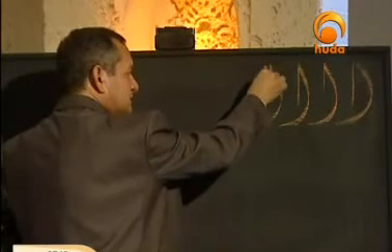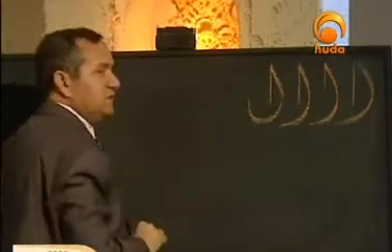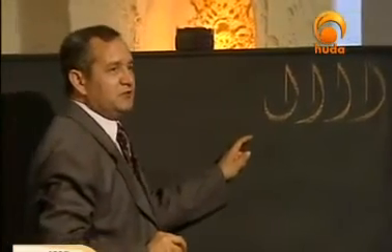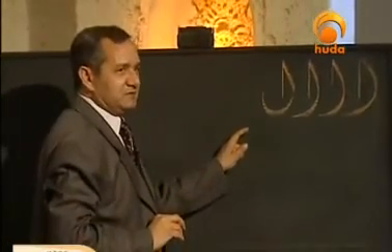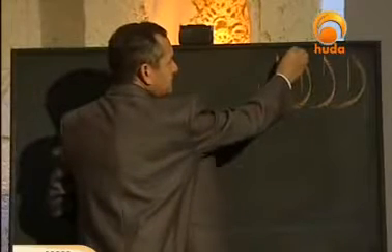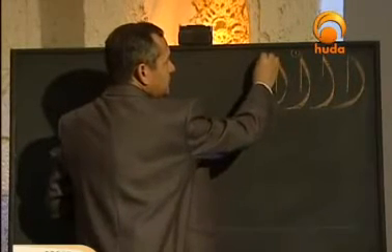The other part should be this way. So this will be the easier way to write Alif. So it has four different shapes? Not four, it has only two shapes. This one shape and this one shape.